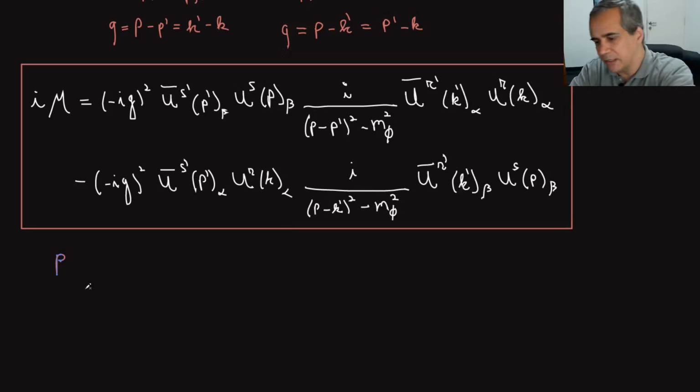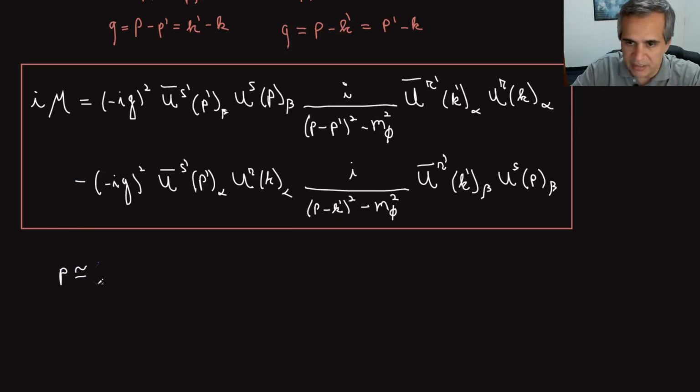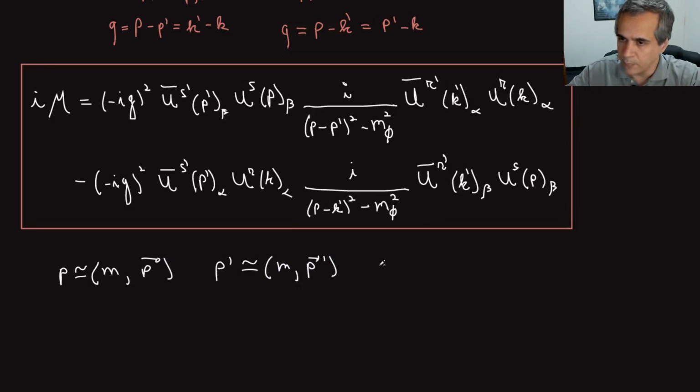I can take the energy to be basically the rest mass of the particle, and then I have three momenta here, right? And I will do that for every one of these four momenta. So p', same for k, and same for k'.